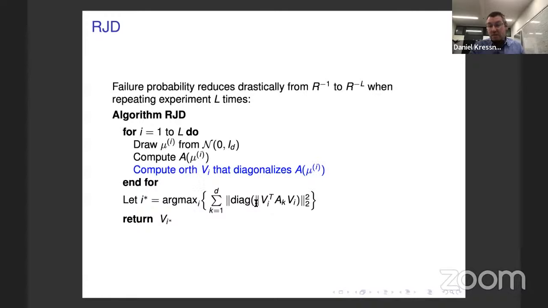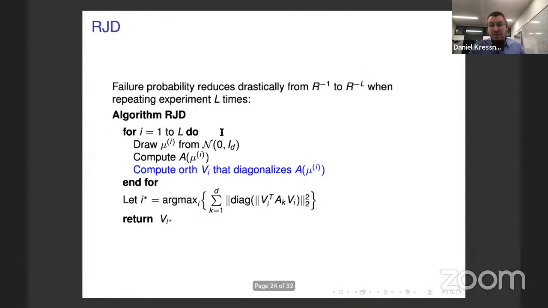The best one is the one which minimizes the off-diagonal part, or equivalently, which maximizes the diagonal part, which reduces a bit the cost in this testing here. And I return the best candidate among the L. And so you can only fail if all L events fail, and that's why the failure probability reduces drastically here.